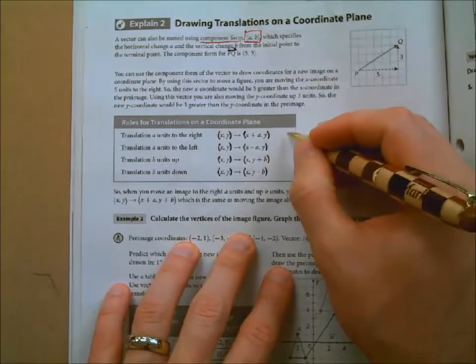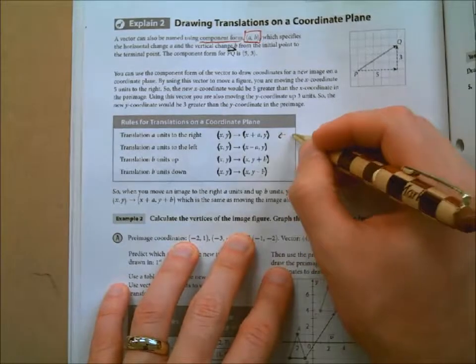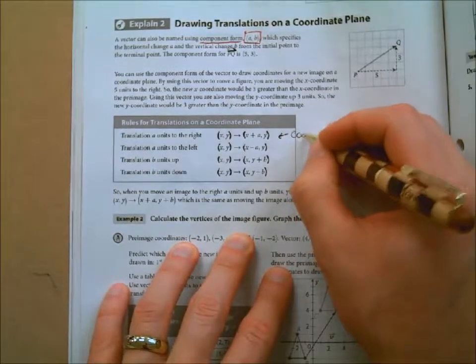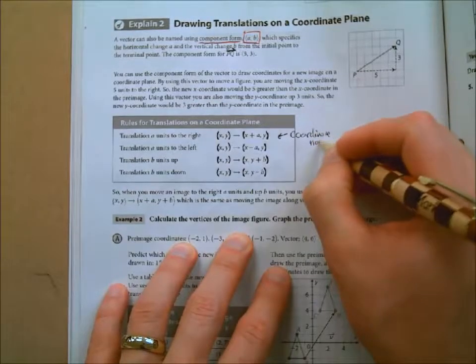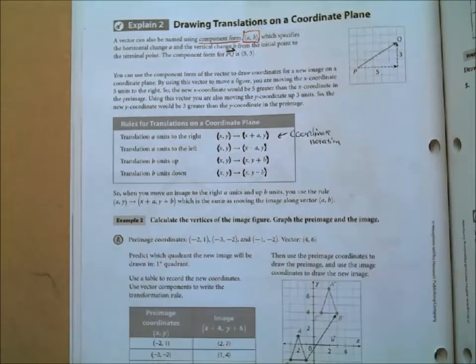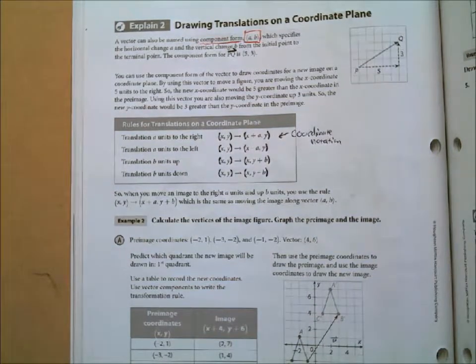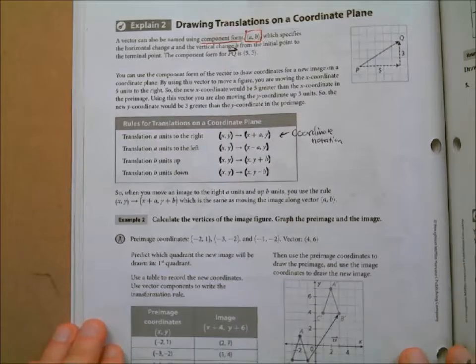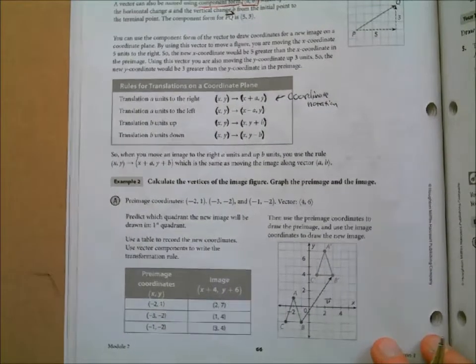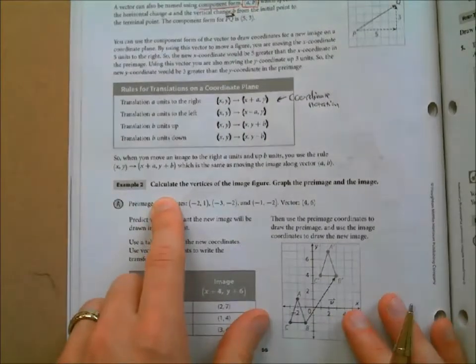This notation is coordinate notation, when you take a point (x, y) and then show the transformation. That's coordinate notation.